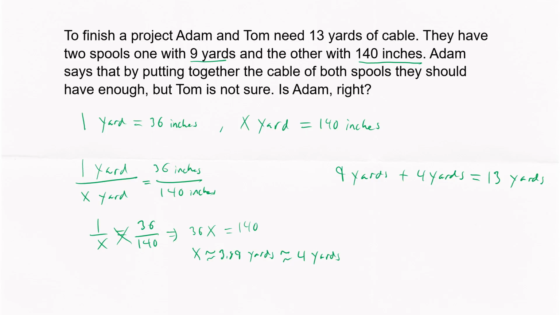What he should have done was round down to the nearest whole number. So 3.89 would round down to 3 yards, and adding up the 2 spools would only give him 12 yards, which is not enough to finish the project. So is Adam correct? In this case, he is not correct in his logic.